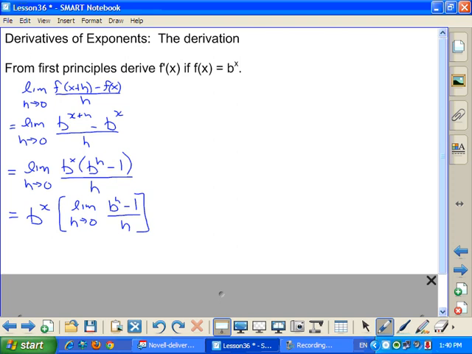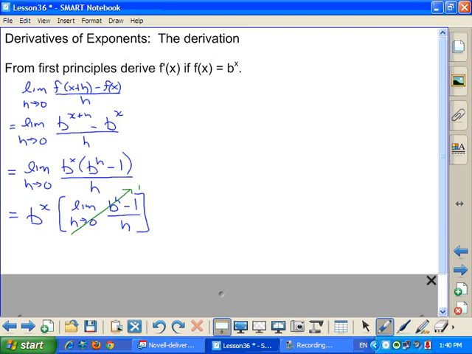We don't really have a mathematical approach to calculate this. When mathematicians struggled with this, they did a whole bunch of research and derivations, and what we realize is that if I want to deal with this expression, it would be really nice if I can get this to equal 1. That would be fantastic.